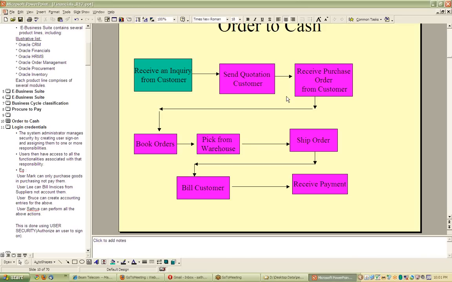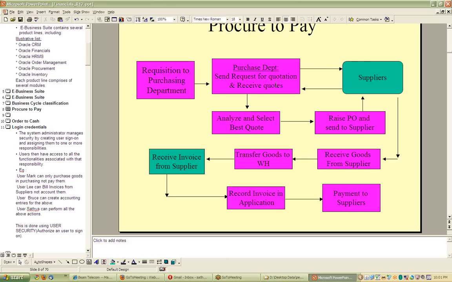Now, who should be given access to which responsibility? Let's say in this case, a purchasing user who raises a purchase order should be given access to the purchasing responsibility. It's not required for this user to be given access to the payables or payments responsibility, because if we give one user access to all three, then there are greater chances of fraud.